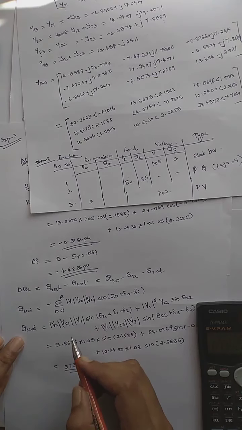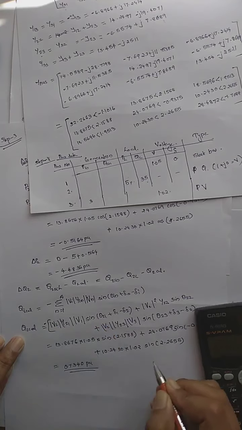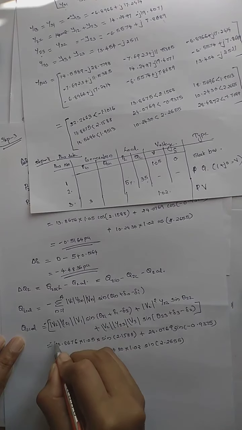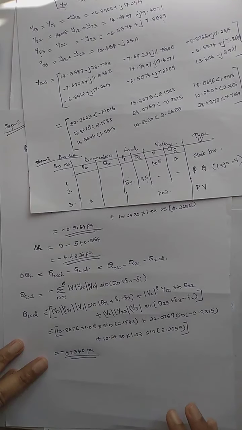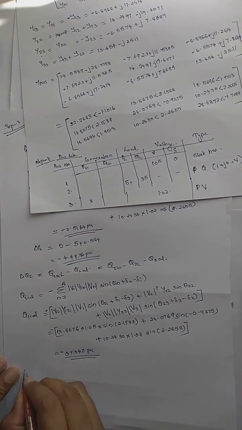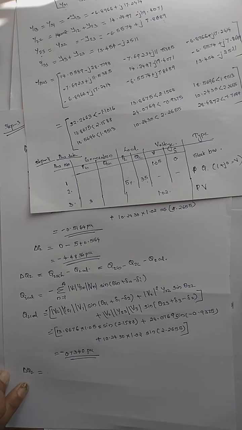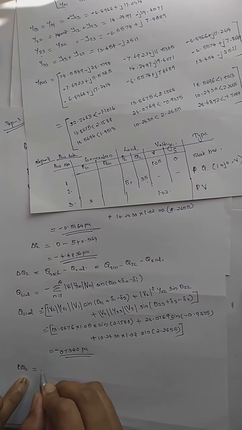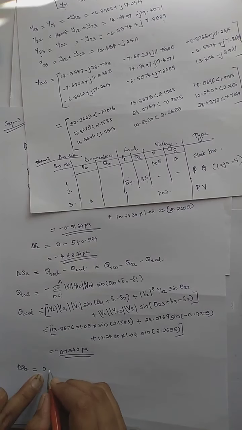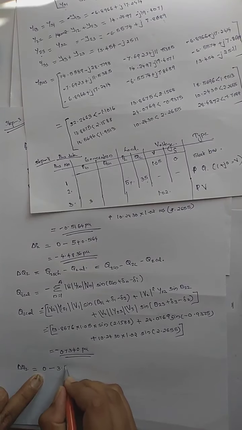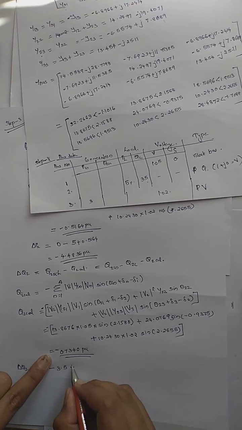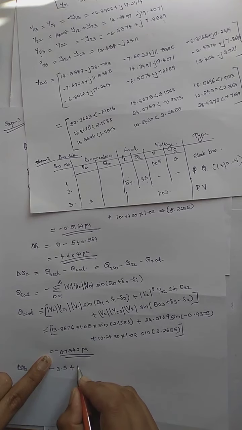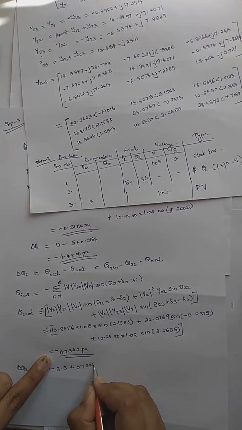Here there is one more thing I forgot. There is a minus sign, isn't it? Please don't forget our minus sign. So the value is minus 0.7340 and next we have to find out delta Q2. For delta Q2 value, Q2 generated is 0 minus 3.5, the Q2 load, minus this value. So minus and minus it will be plus 0.7340.